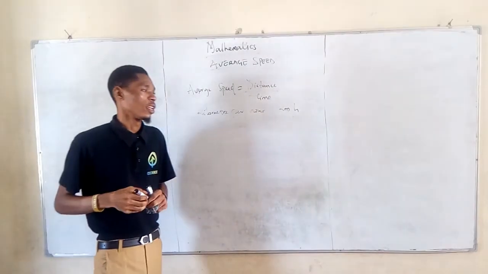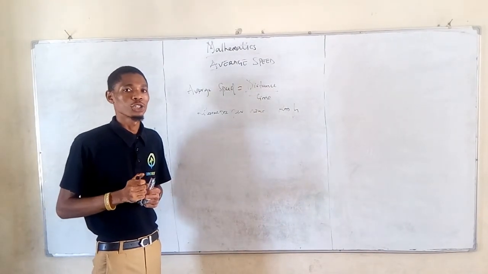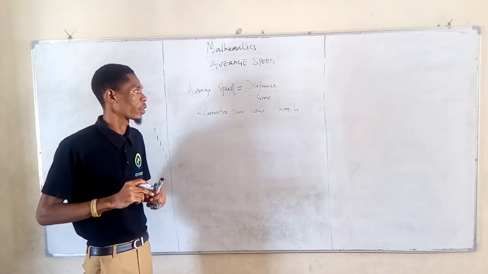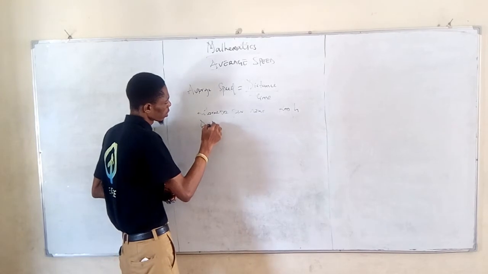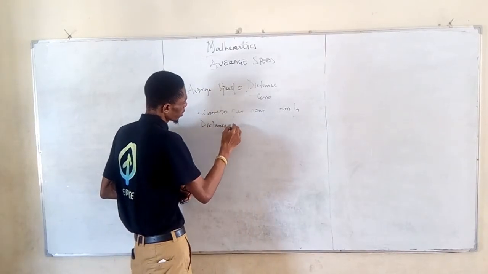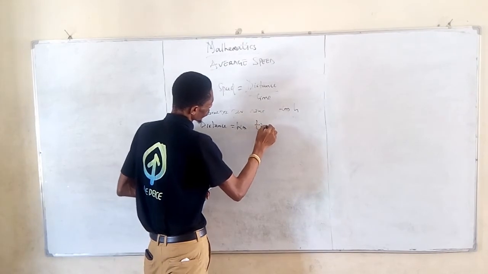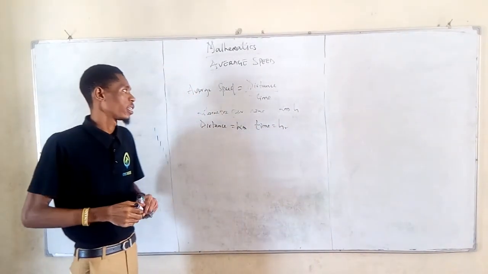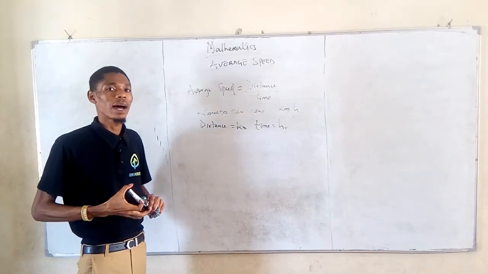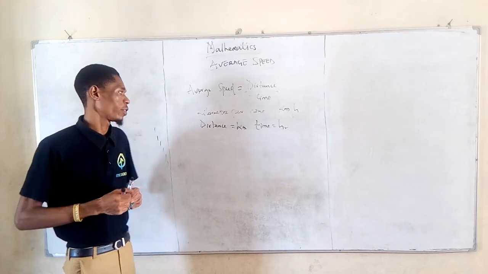Our distance is in kilometers, and our time is in hours. So our average speed is kilometers per hour. Let's try out an example and see what we get out of it.